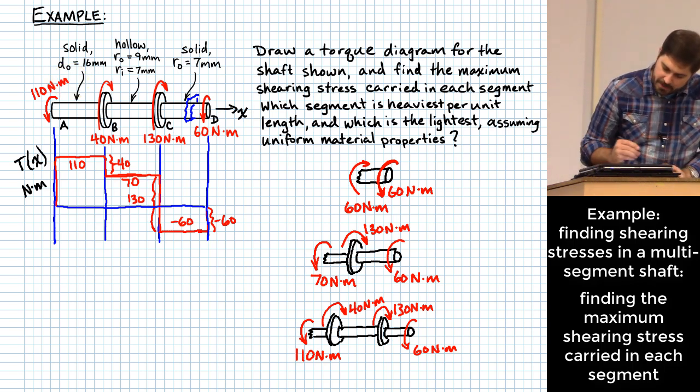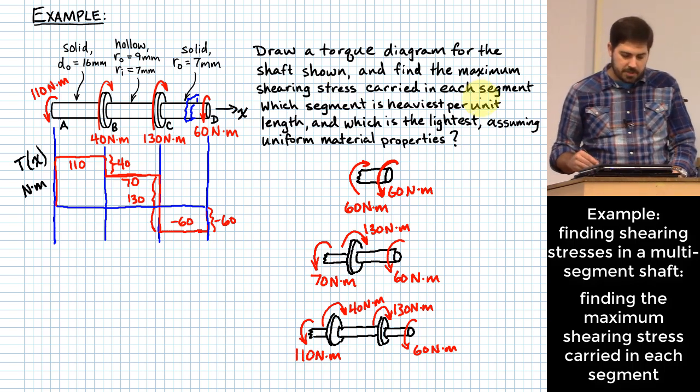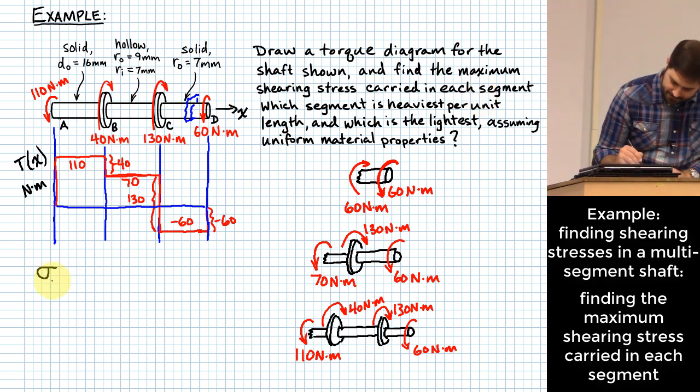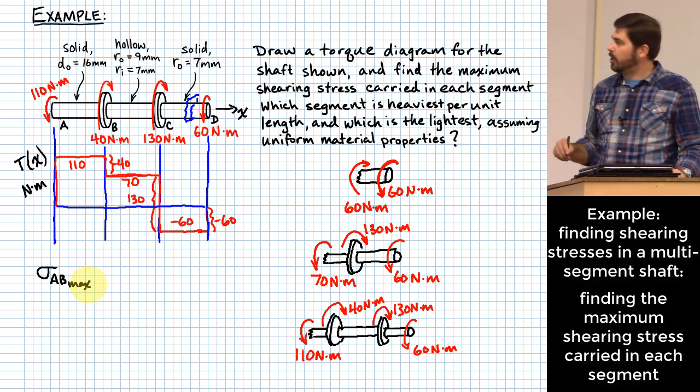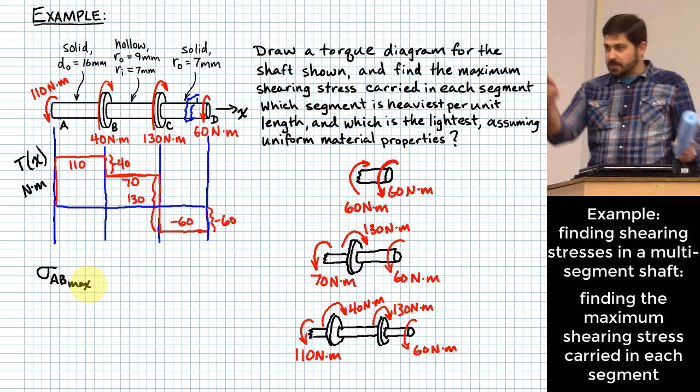So the next part is to figure out the maximum shearing stress carried in each segment. Okay, which segment do you want to start with? AB. AB, all right. Let me call this sigma AB max. Why do you think I'm putting another label on it like max? Because it's not the same through and through.